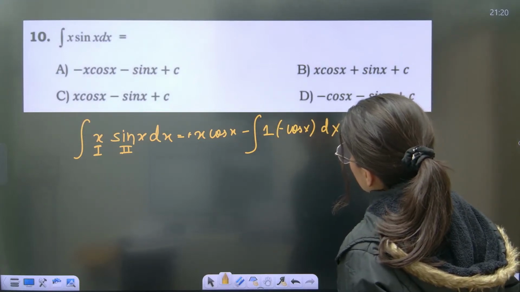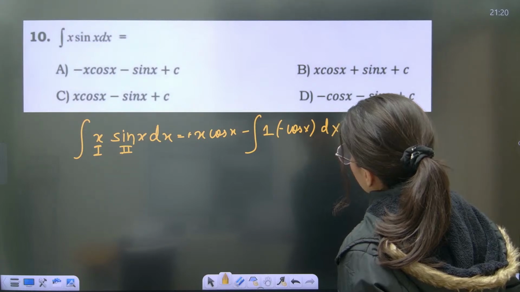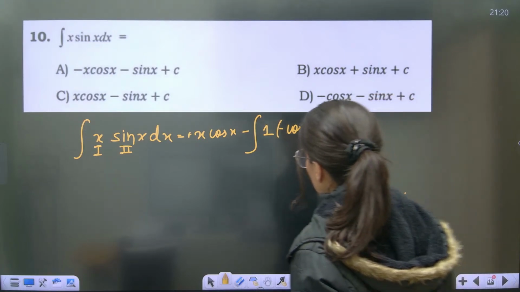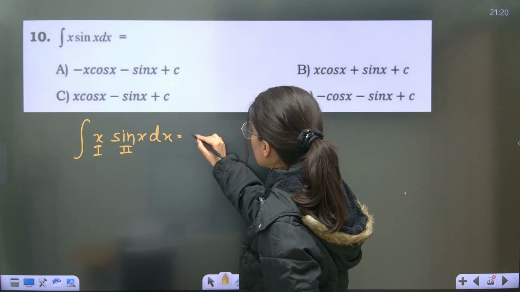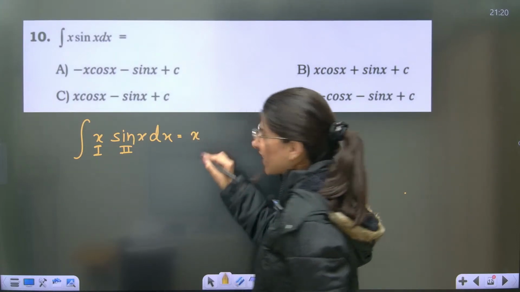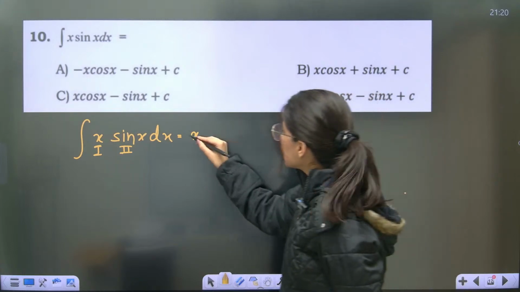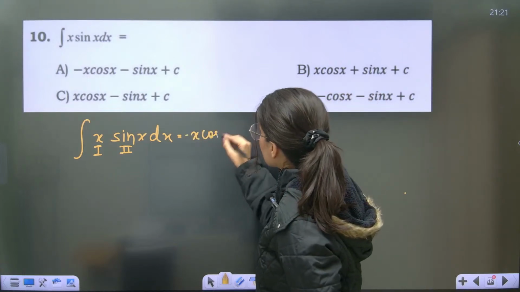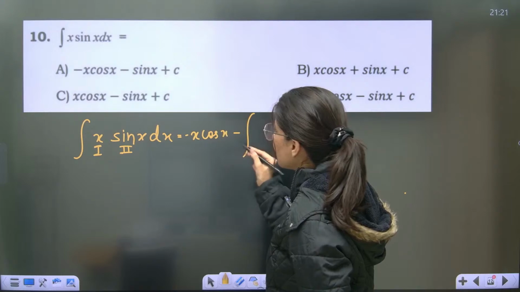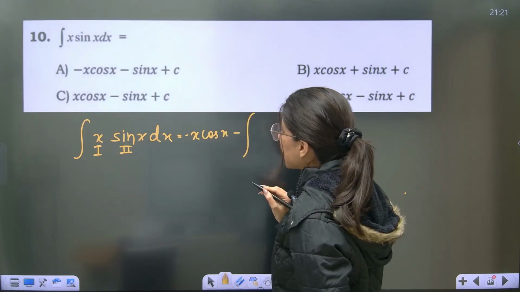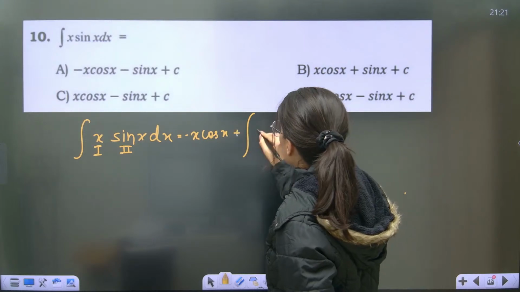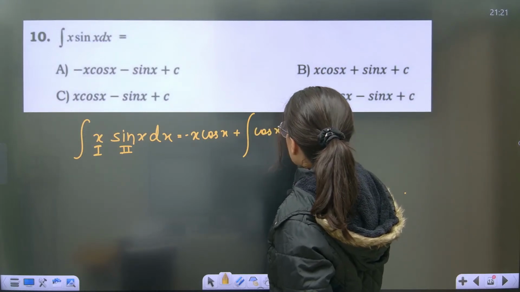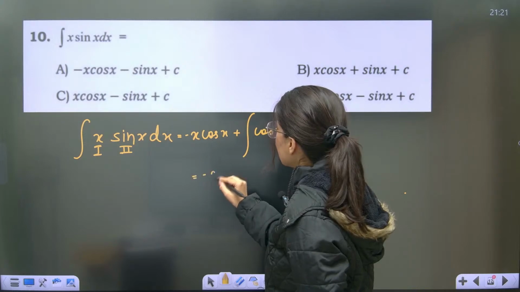Hold on. What is happening? Why is my answer not matching? First function constant, integration of second. So integral of sin x is, guys, minus cos x. Minus integration of first's derivative and second's integration. So integration of sin x will be minus cos x. So this is minus x cos x.